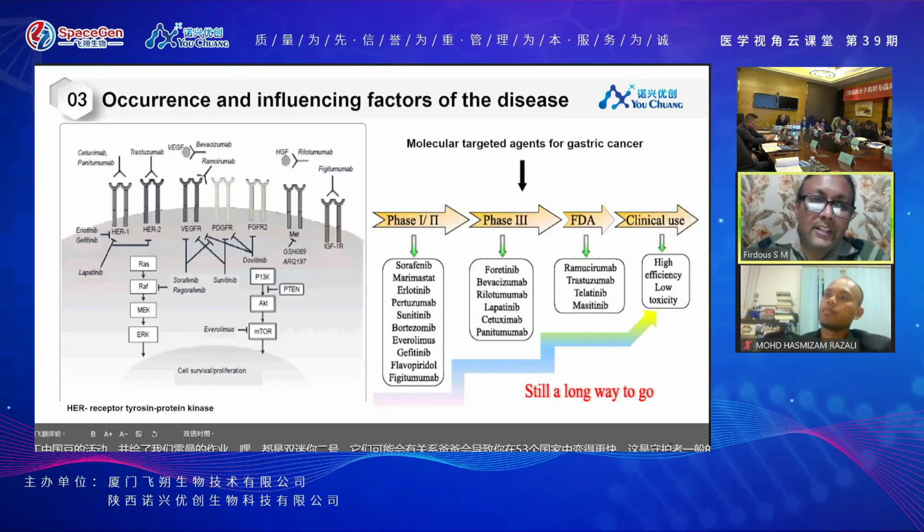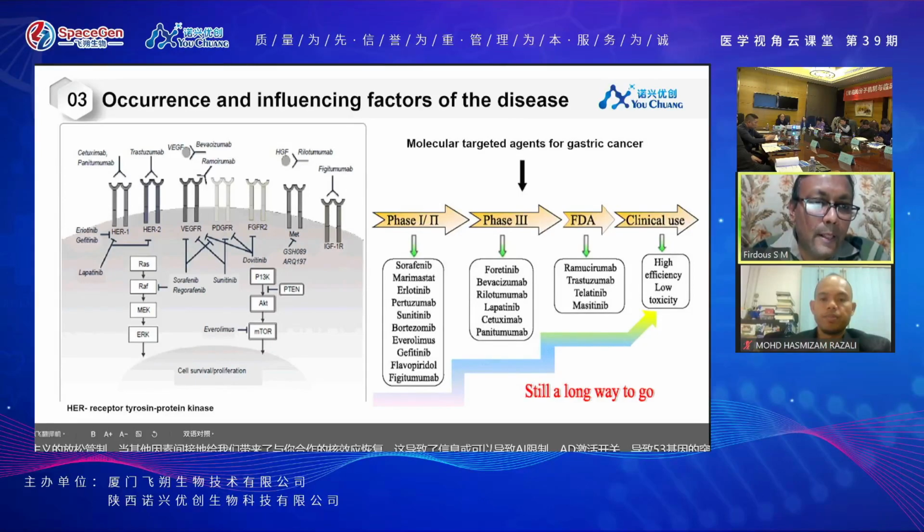So here, similarly, the influencing factors. Now the influencing factors over here, they are saying that there are certain receptors. On the left side you can see the receptor tyrosine kinases, vascular endothelial growth factor receptors, platelet derived growth factor receptors, and fibroblast growth factor receptors. So these are the various receptors or proteins associated with the cells.